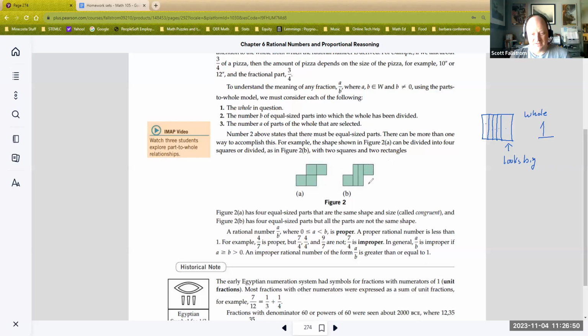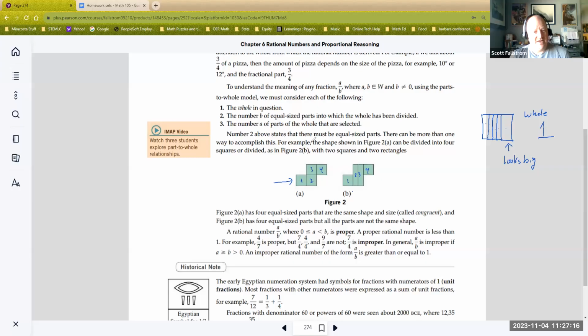And here, as you can see, this one is 4 pieces, 1, 2, 3, and 4, and they are all the same shape and the same size. The next one has a 1, a 2, a 3, and a 4. Those actually have exactly the same size in terms of area, but they're not the same shape.